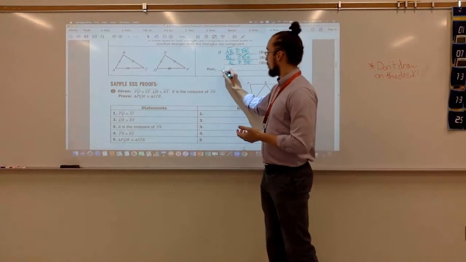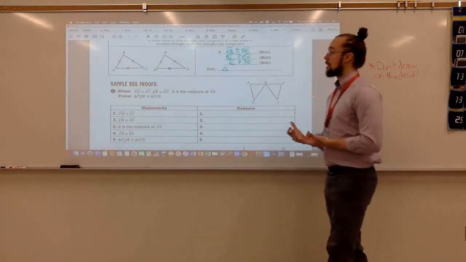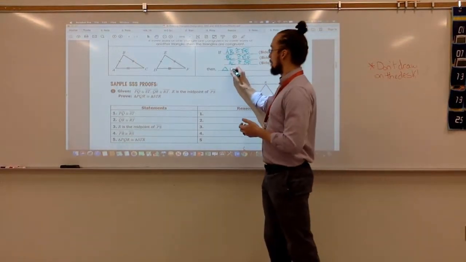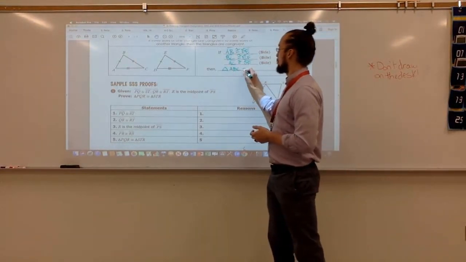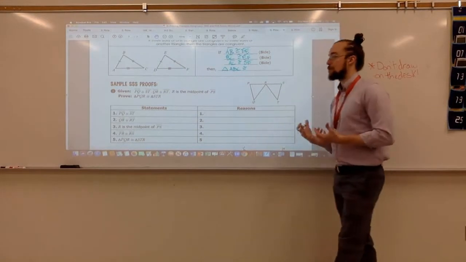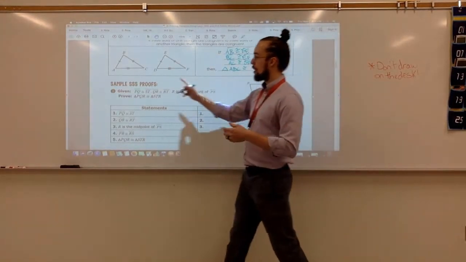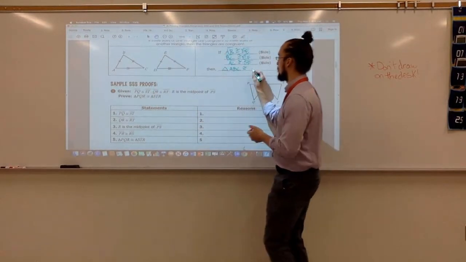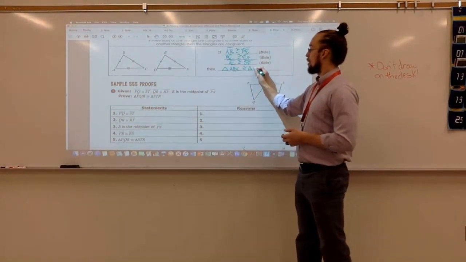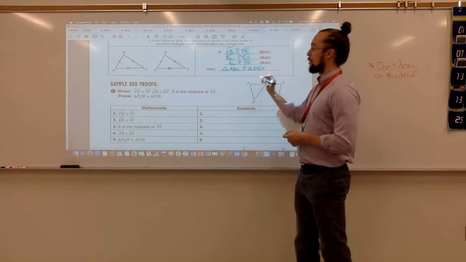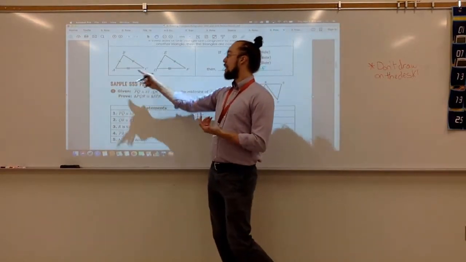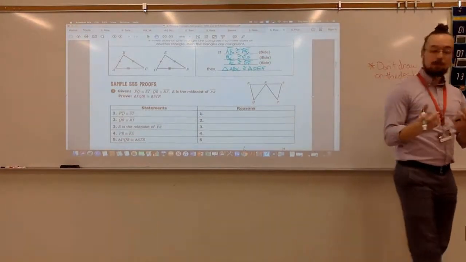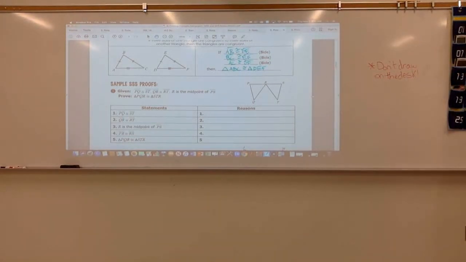Again, we talked about writing a congruent statement yesterday too. There's multiple ways I could write a congruent statement for the triangles. It's making sure that I'm matching up corresponding pieces. So I could say triangle ABC is congruent to triangle DEF, or I could say triangle CBA is congruent to triangle FED, just as long as I'm matching up corresponding pieces in my statement.